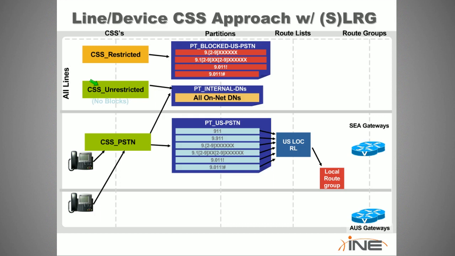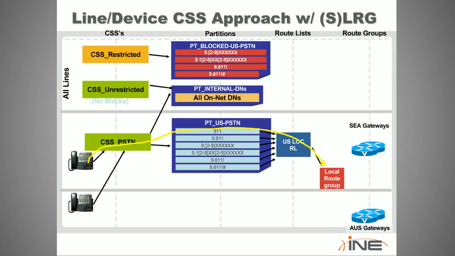We've still got the line device approach. We've still got our restricted and unrestricted CSS. Restricted still points to blocked partitions and blocked patterns. Unrestricted still points to internal only, allowing. And if we had a couple other CSSs we just looked at. But now, take a look at this.